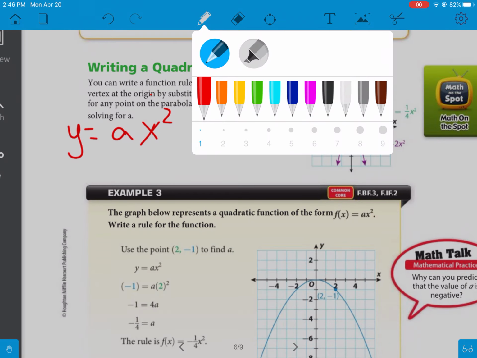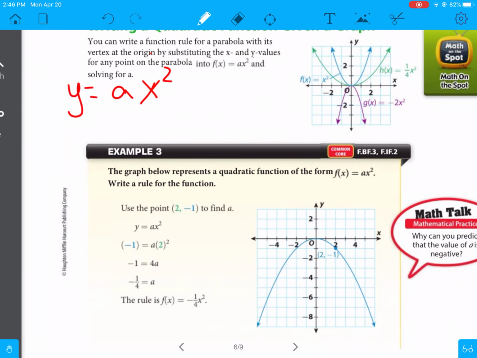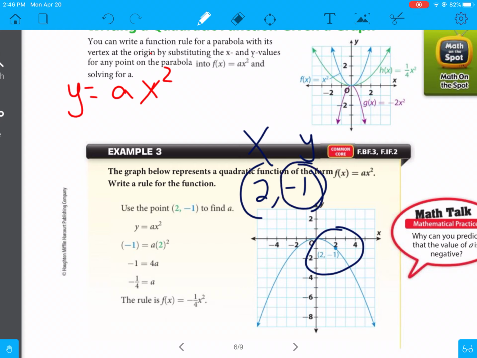So now what you have to do is, by looking at here, take one of the points on the graph. So they have a point at 2, -1. So that's going to, 2 is our x, -1 is our y. So we're going to plug our -1, substitute that in for the y. -1 equals, a is what we're solving for, and we know what the x is, so 2 squared.